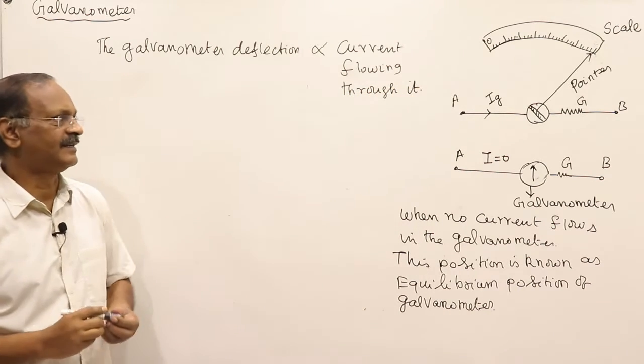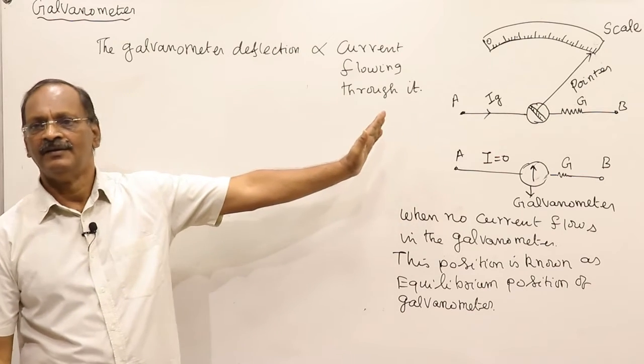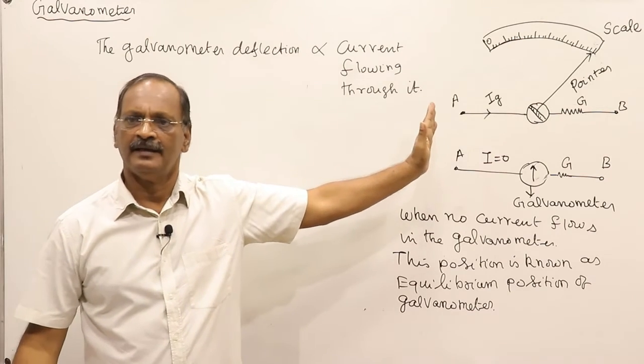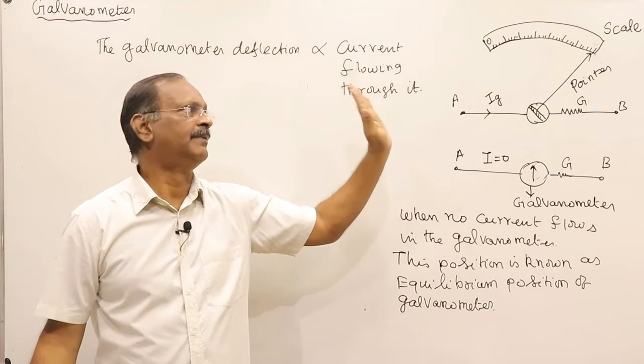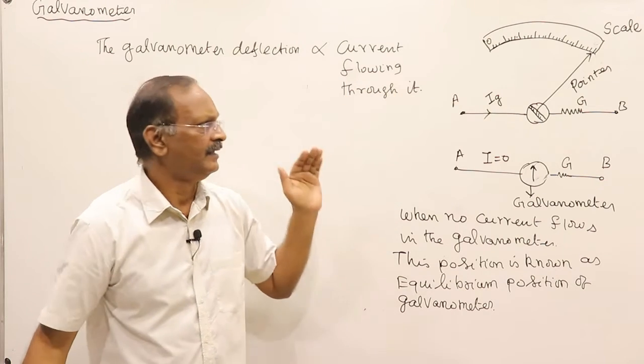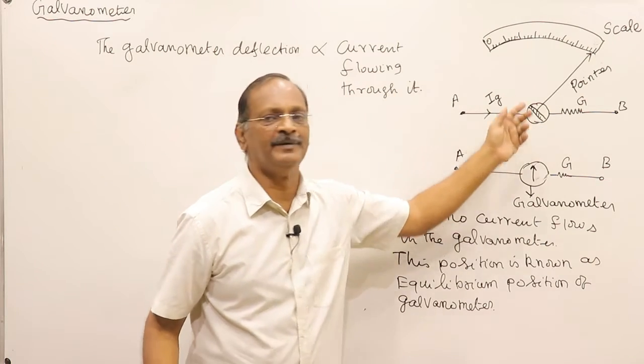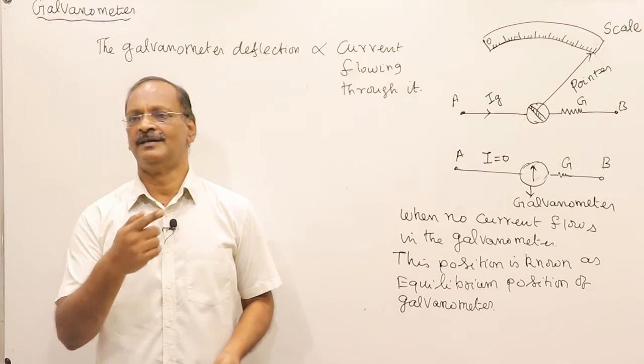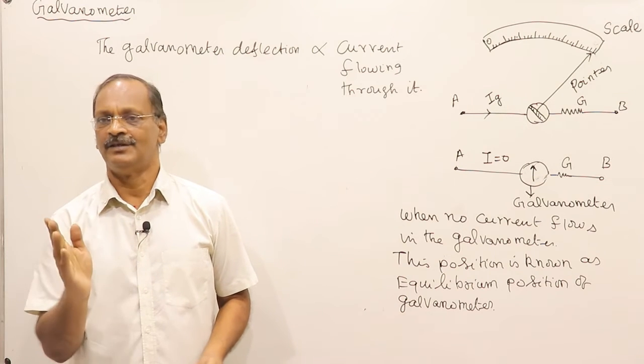It means whenever current is flowing, the deflection shown by the pointer on the scale is proportional to the current in the coil. So the galvanometer has a coil, and when the current is flowing in the coil, it will show deflection.